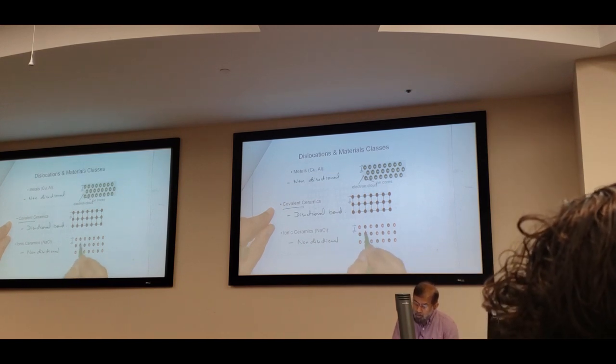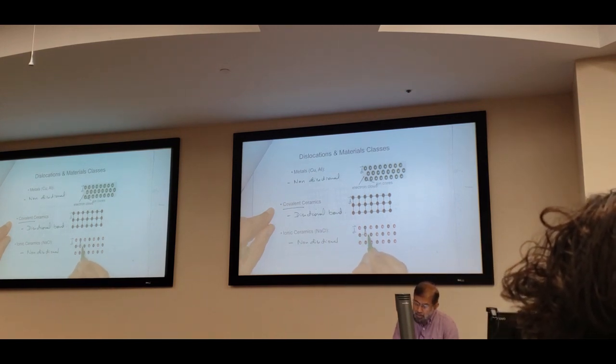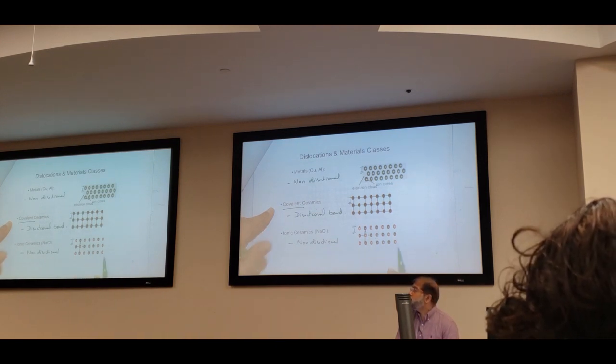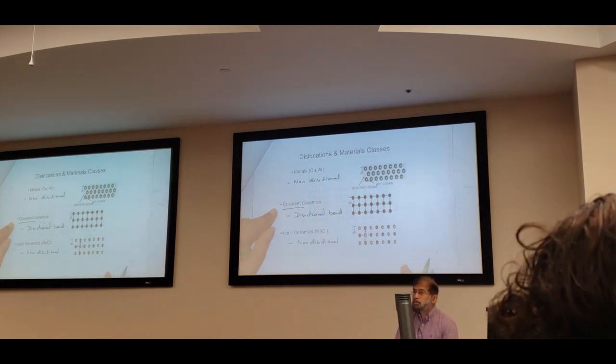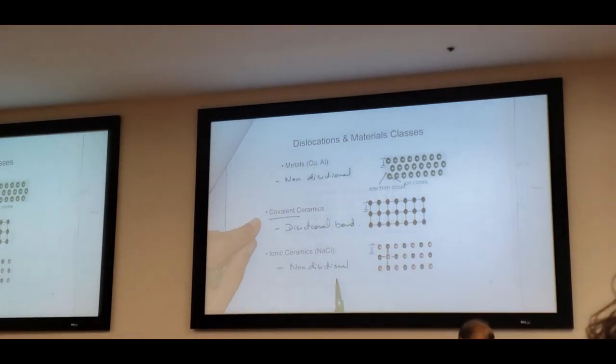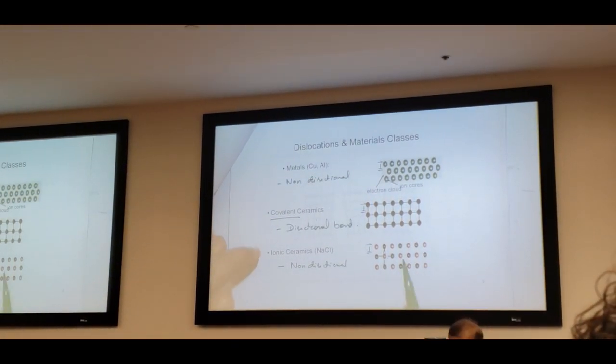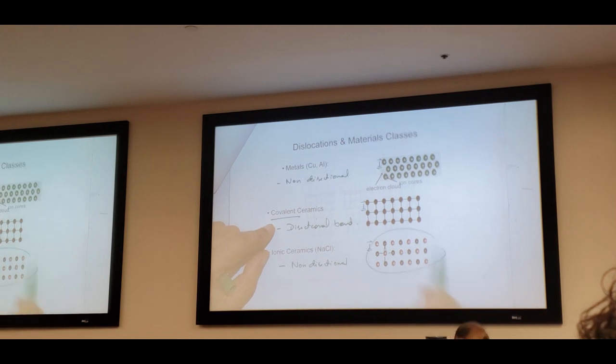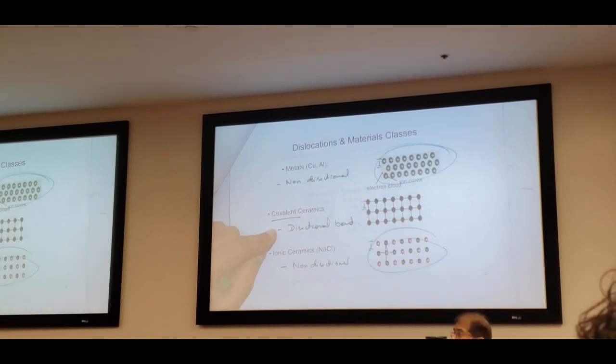Because you can see that all of them are connected like this. Between them, positively charged and negatively charged, they are all connected to each other. It is non-directional, but the problem is, it is extremely hard for these atoms to move in ionic bonds. That is the difference between this one and this one. Metallic bond and ionic bond.